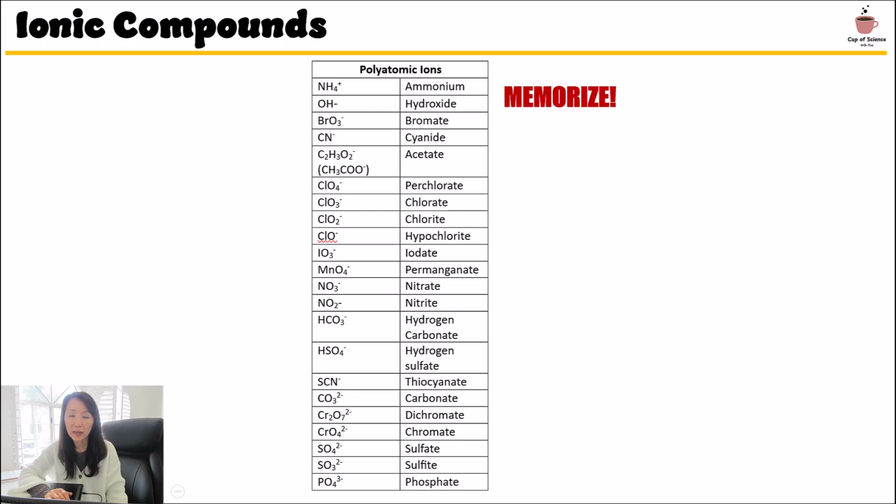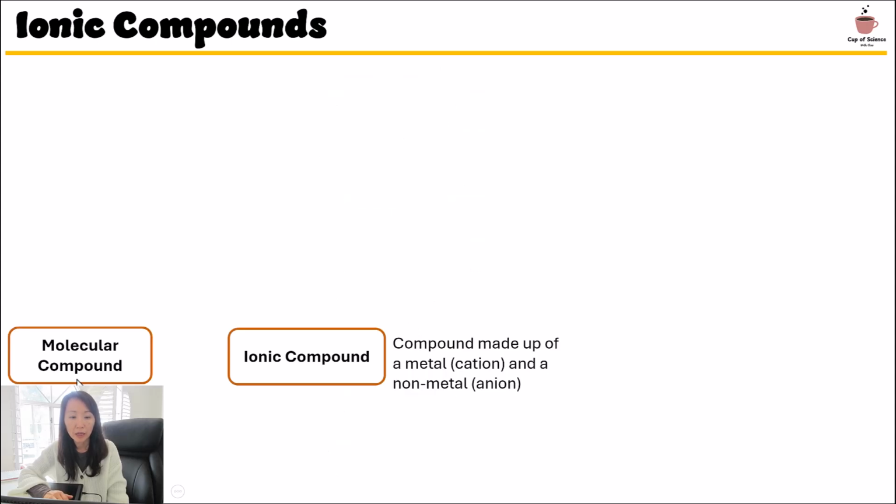So I'm going to go ahead and explain ionic compounds a little differently. There are two types of compounds, molecular and ionic. Our focus is on ionic. An ionic compound is made up of a cation and an anion, and the cation happens to be a metal, and the anion happens to be a non-metal.